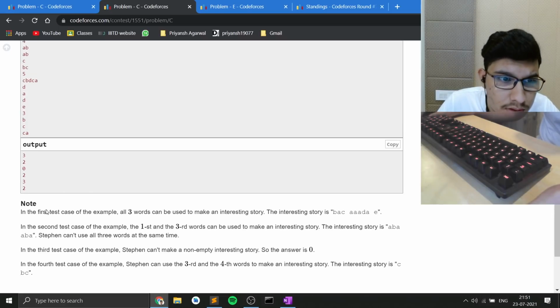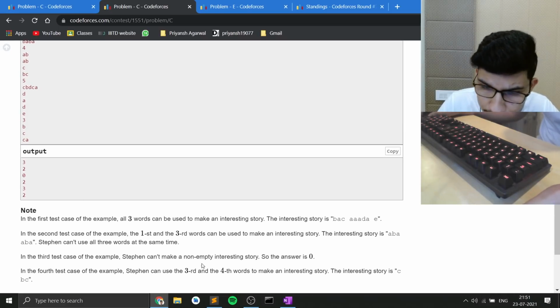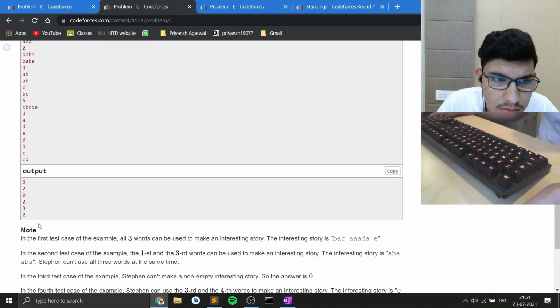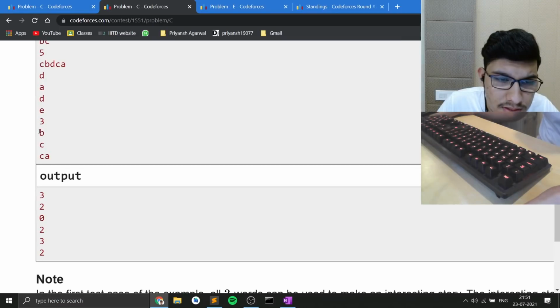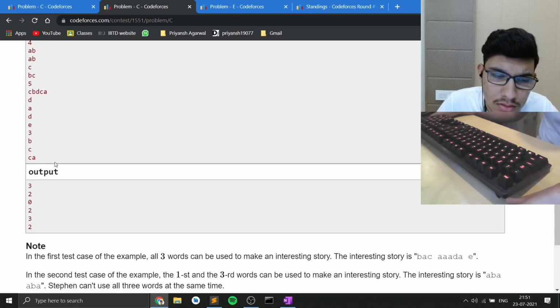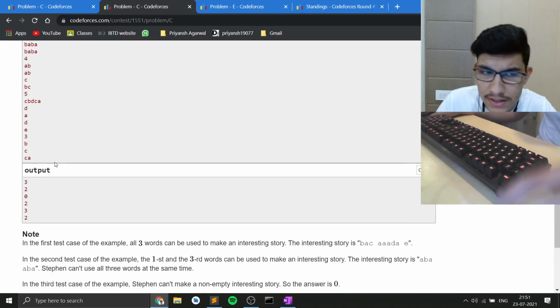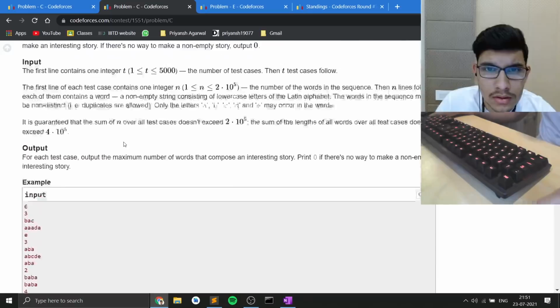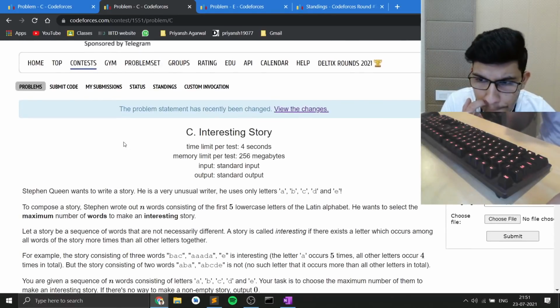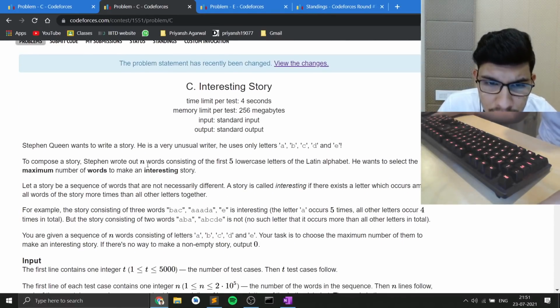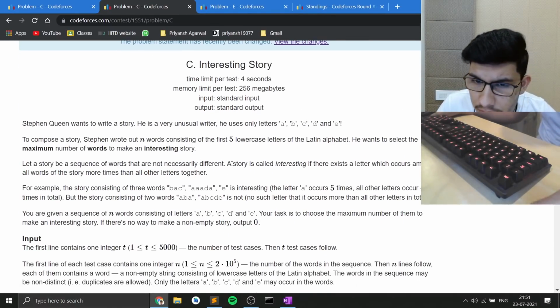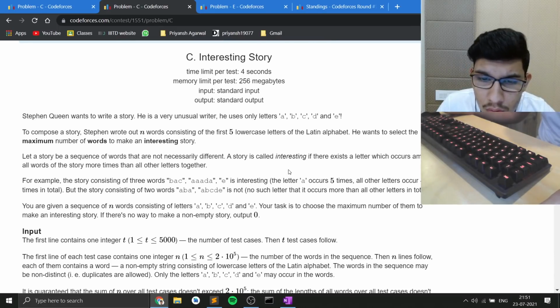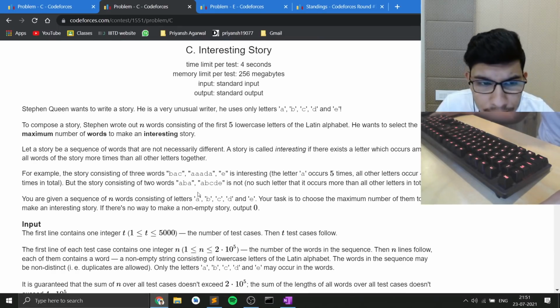In the fourth test case, okay, if we talk about this test case, why can't we pick C, CA and B as well? He wants to select the maximum number of words to make it interesting. Oh, okay.